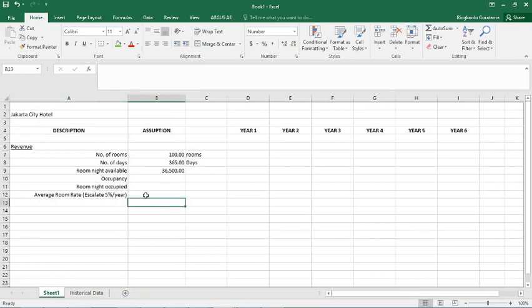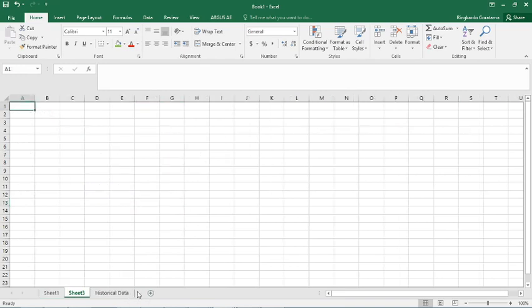And the next is we want to know about the room rate. So for the room rate, we can analyze that by using the quality rating technique. So let's say we have 4 comparables. This one is the data, or we can put comparable. And we have Hotel 1, Hotel 2, 3, and 4 as comparables.